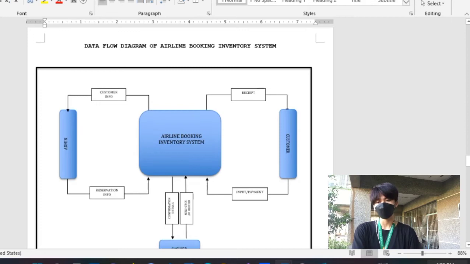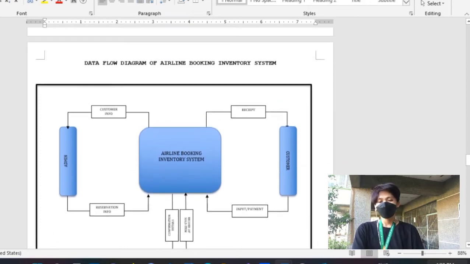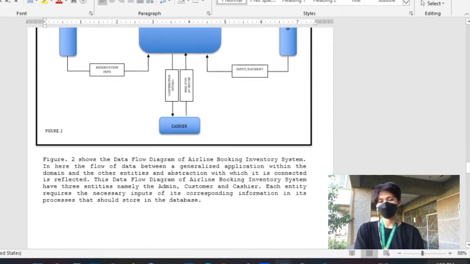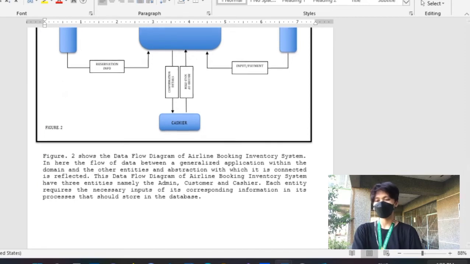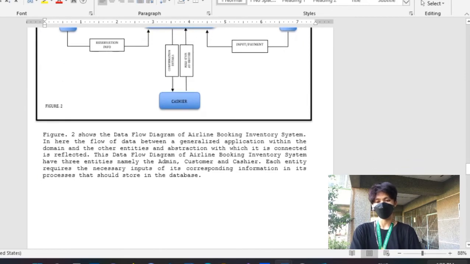So the data flow diagram of the inventory system. Figure 2 shows the data flow diagram of the airline booking inventory system. Here, the flow of data between a generalized application within the domain and the other entities and abstractions with which it is connected is reflected.